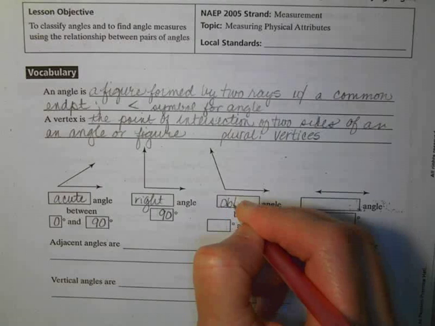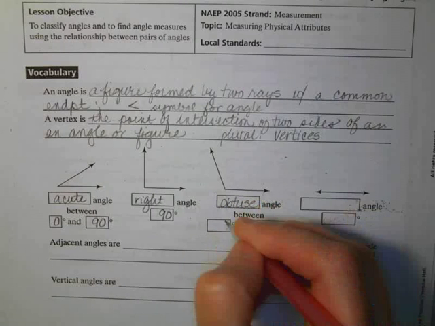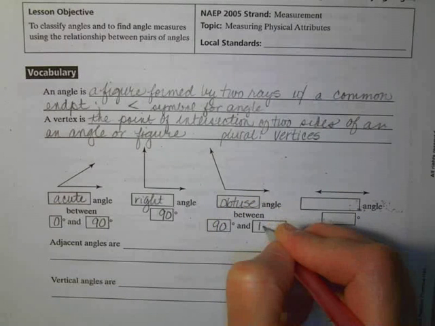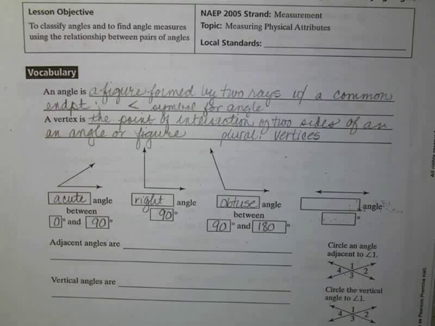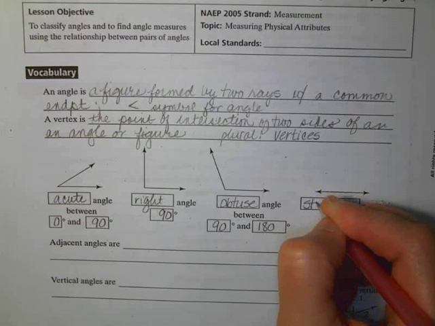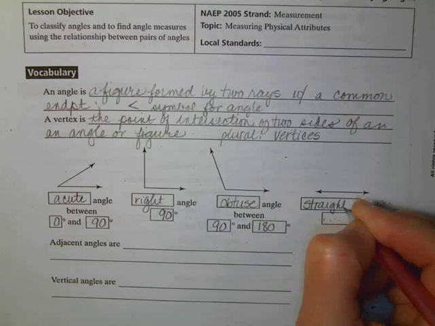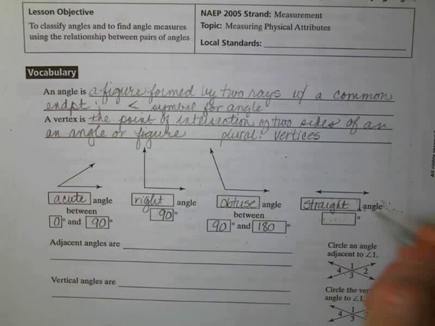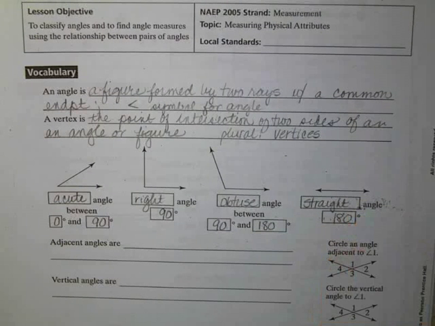The third one is obtuse, and it measures between 90 degrees and 180 degrees. And finally, our last one is a straight angle, or a line, and its measure is exactly 180 degrees.